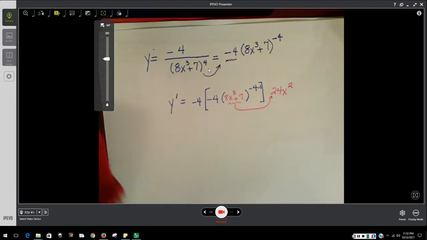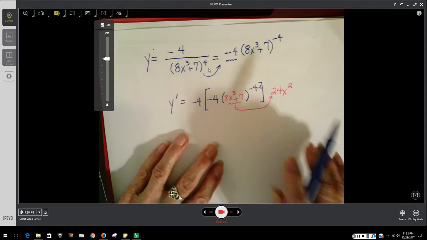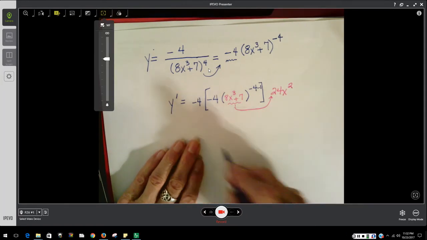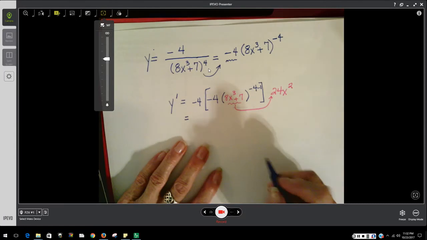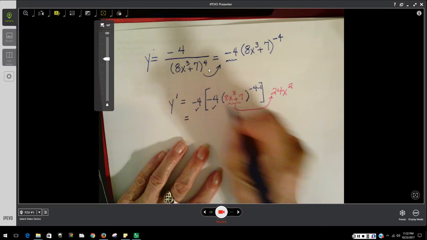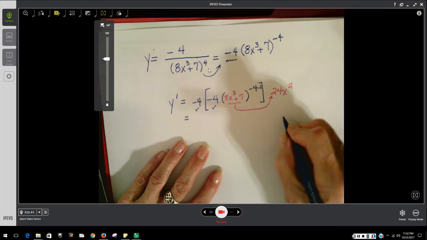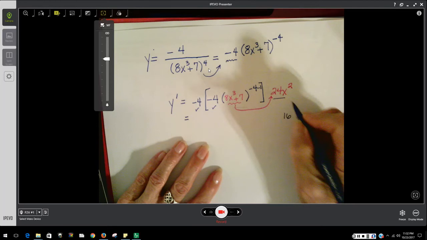So now we've got this long expression, and you could actually probably go ahead and enter this in MyMathLab if you used all your parentheses properly, but it probably would be simpler to have fewer elements here. So the first thing we're going to do is take negative 4 times negative 4, which is 16, and we're going to multiply it by 24x squared.